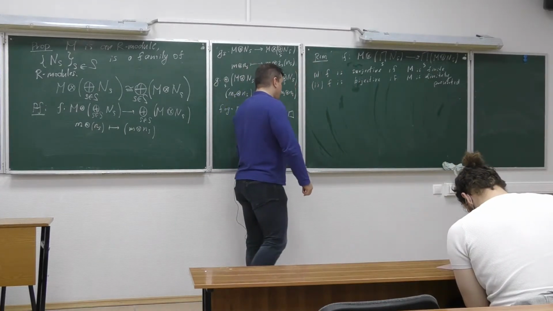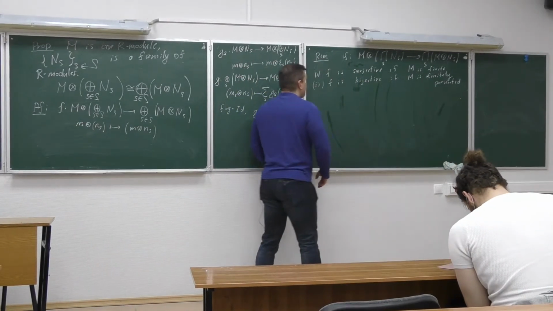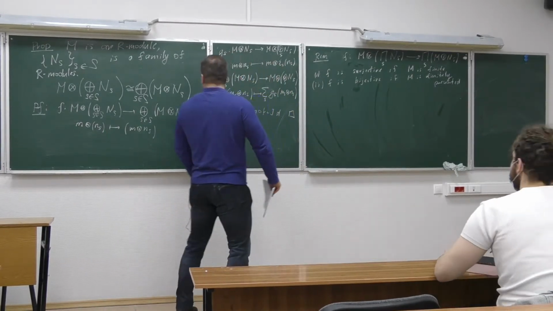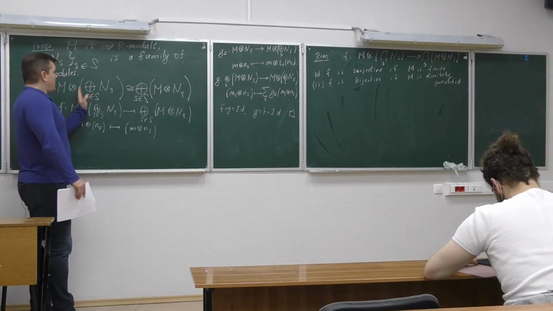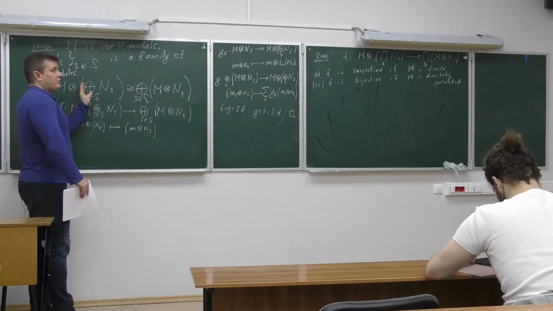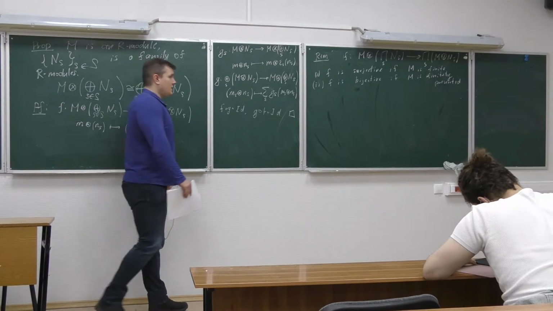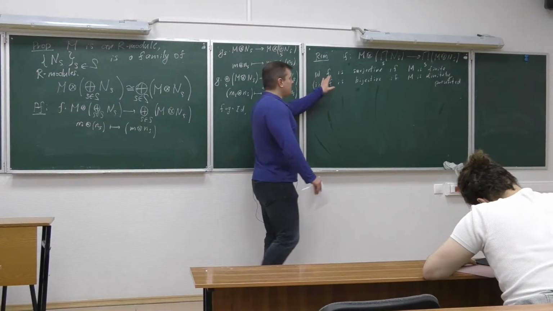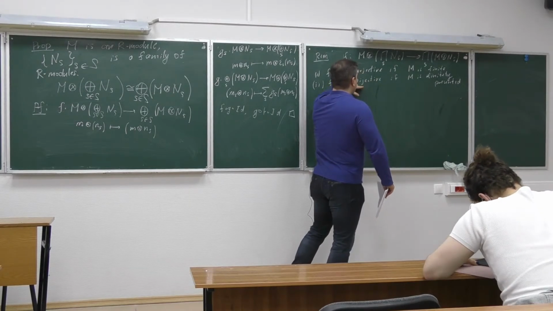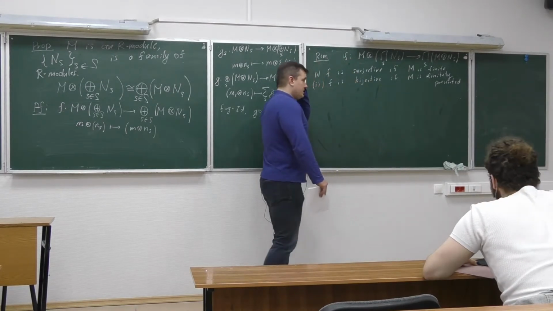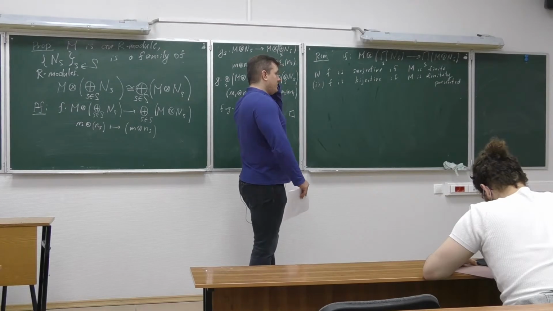I'm not going to prove this right now, we'll do this in the seminar, but I think it's important to know that this works in a straightforward way for direct sums, but for direct products you need some additional assumptions. The assumption that M is finite gives you a surjective map, and the assumption that M is finitely presented gives you a bijective map. It is also a good exercise to find counterexamples.